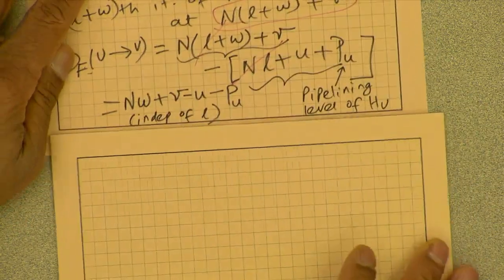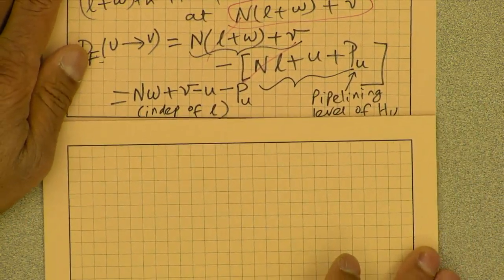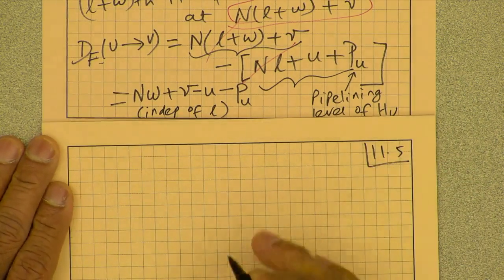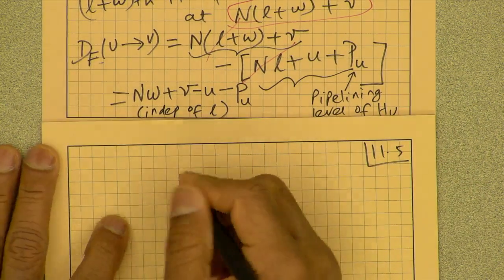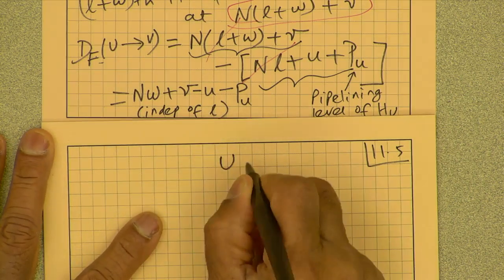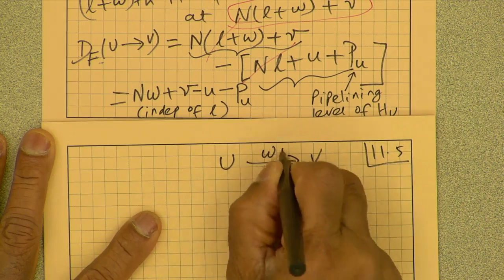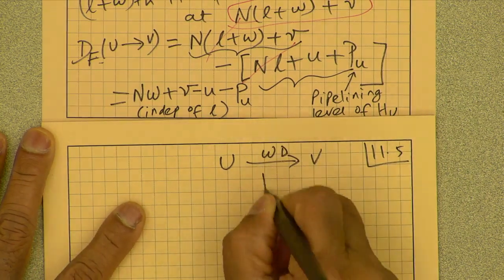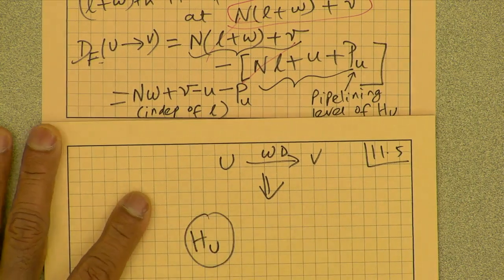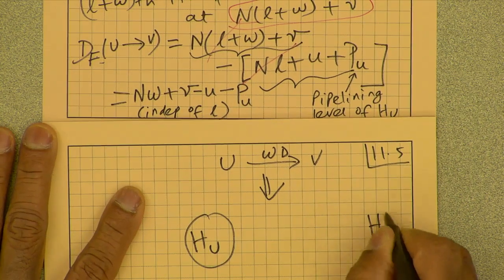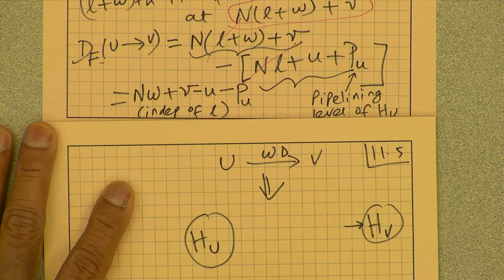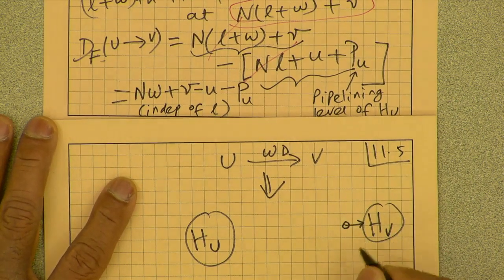So we can now say that for that edge U to V, with W delays, that's an algorithm data flow graph that maps to a certain hardware functional unit HU and a certain functional unit HV.